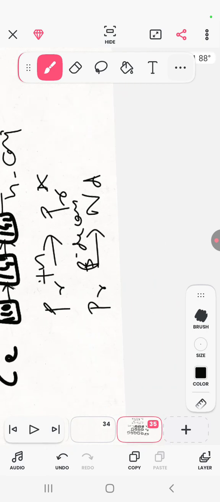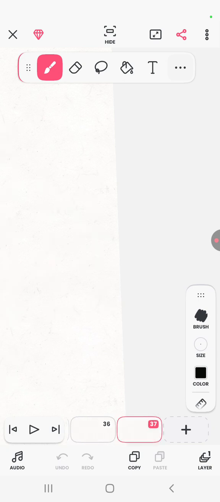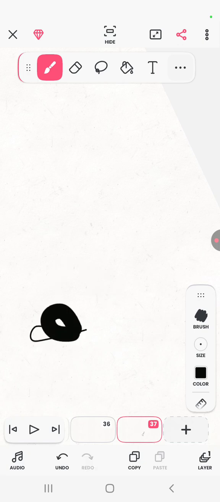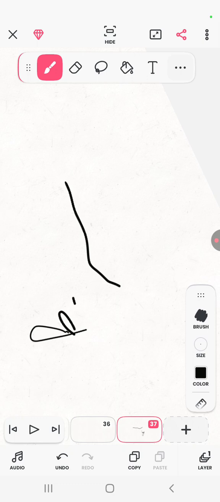And if you are not too much acquainted with what this means, beta decay. So beta decay, oh, my pen is not working.